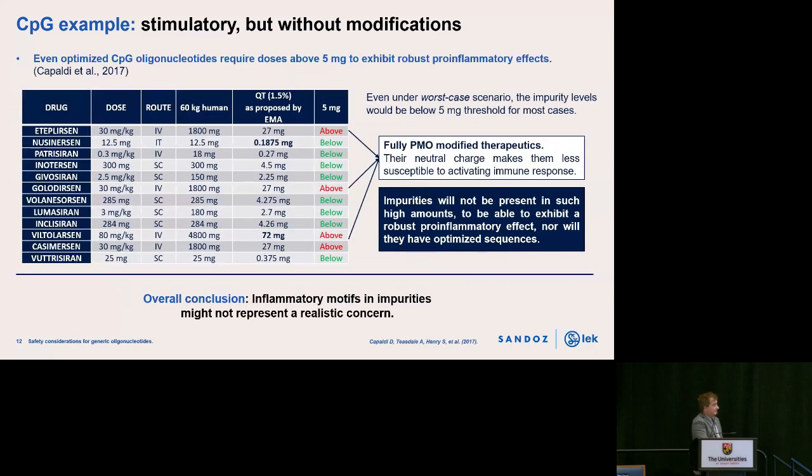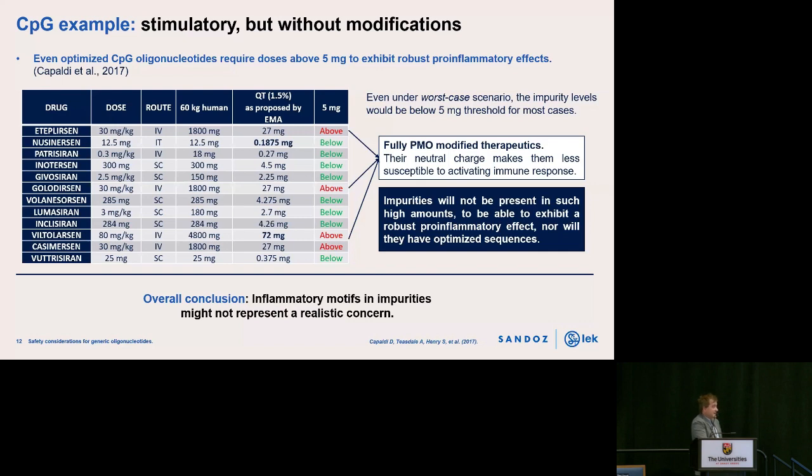So lastly, let's also look at the doses. Even optimized CpG oligonucleotides require doses above 5 milligrams to exhibit robust pro-inflammatory effects. So we can do a quick calculation. We take the doses of most of the approved therapeutics, we adjust for human weight, and we apply the qualification threshold of 1.5%, which was proposed by the Safety Working Group and recently adopted by the EMA in their quality guideline.